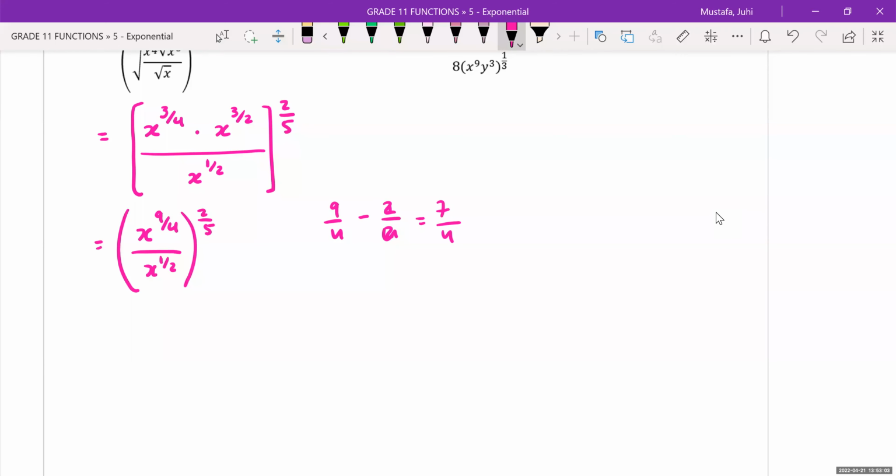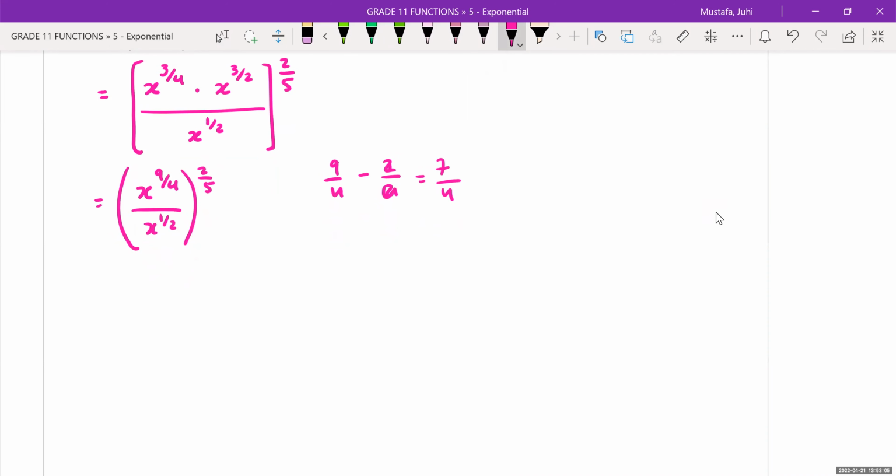That'll be 7 over 4. So it'll be x to the power of 7 over 4, all to the power of 2 over 5. And when I reduce this, it'll just be x to the power of 7 over 10 as my final answer.